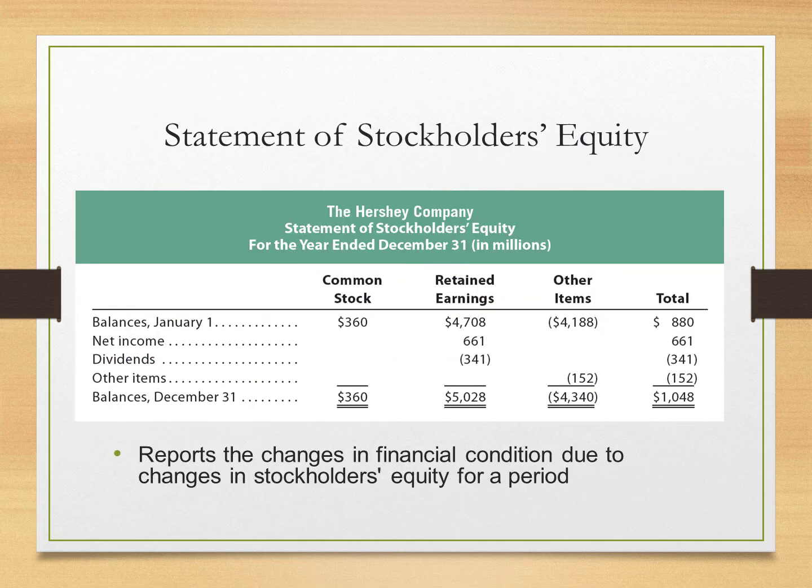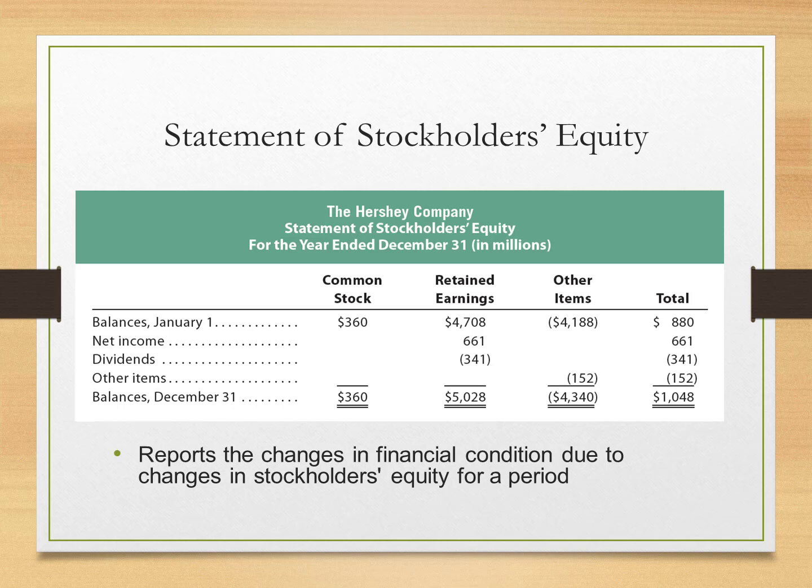Let's now move our attention to the statement of stockholder equity. We're going to focus on the two columns, common stock and retained earnings. For the purposes of a beginning class in accounting, we're going to dispense with the discussion of other items. You notice that the rows are balance as of January 1st.